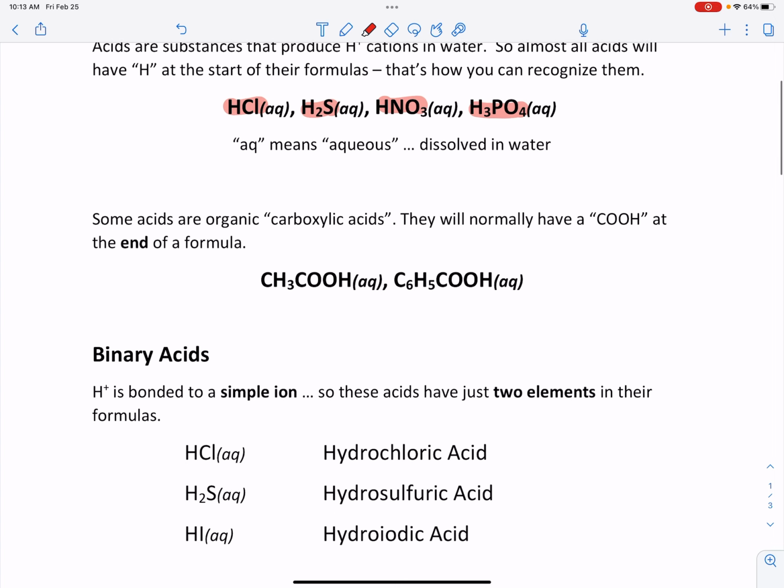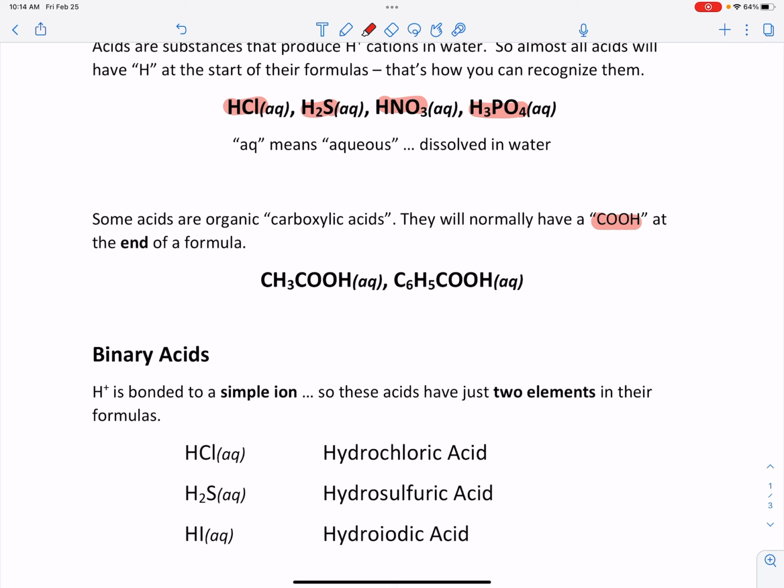Now, some acids are referred to as carboxylic acids. They're a type of organic acid. We'll study them in more depth when we get to the organic chemistry unit later in the course. But a carboxylic acid will have what's called a carboxyl group in its chemical formula. A carboxyl group looks like this, COOH, and it'll usually appear at the end of the chemical formula.